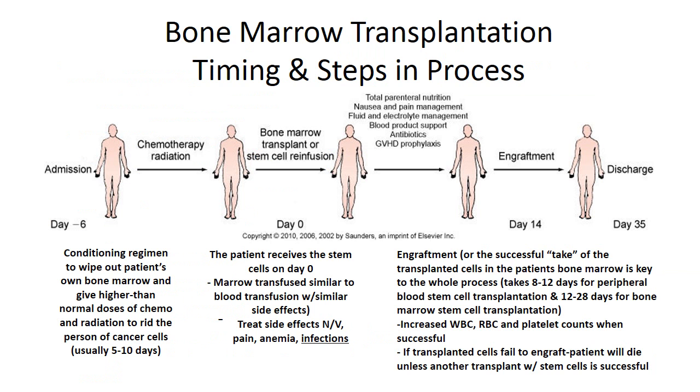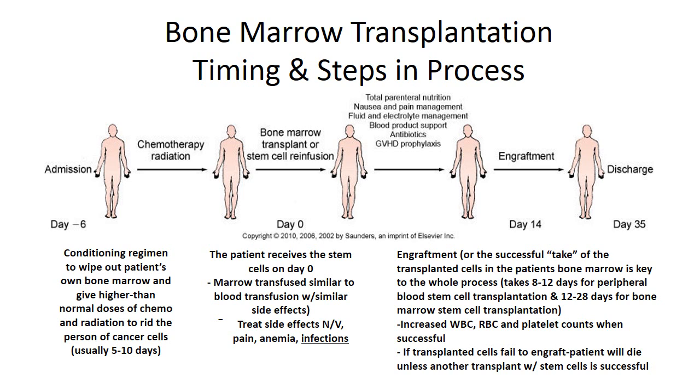I really like this slide because it gives you a good picture of how bone marrow transplantation timing and steps work. So if we think about a patient who is coming in with leukemia and needs a bone marrow transplant or a stem cell transplant, they initially come in approximately 6 days before the actual transplant occurs.